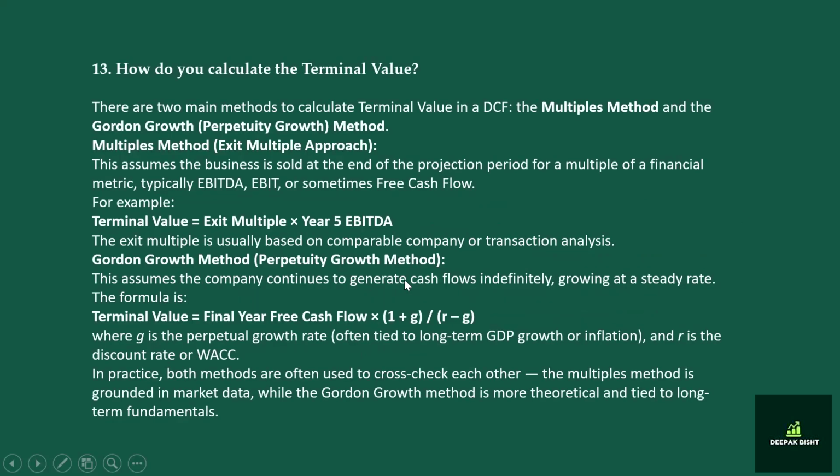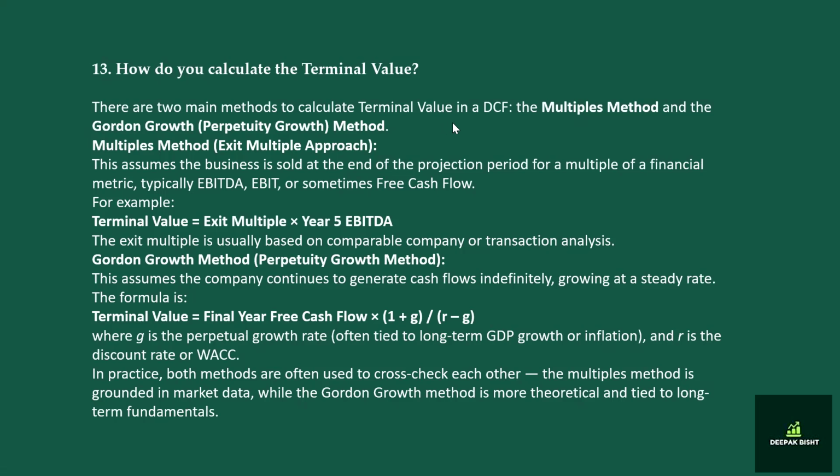Question number 13 is about the calculation of terminal value. So when we discussed the DCF template, how does the DCF look like? We discussed the terminal value that represents the present value of all future cash flows a company is expected to generate beyond the explicit forecast period in a DCF model.